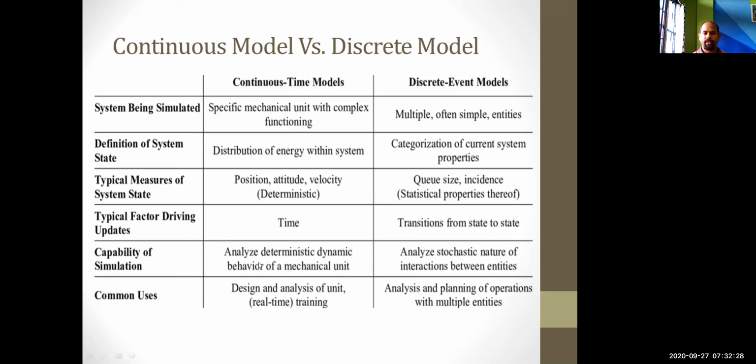Deterministic, we have already discussed that. It means factors affecting the continuous time model are deterministic in nature. Whereas in discrete event modeling, mainly factors are based on stochastic nature, interaction between entities.